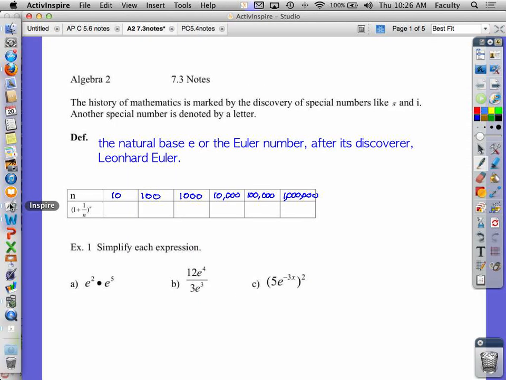Okay, well what we just discovered is this is actually the value for e. Do you know how, like with pi is 3.14, do you know where they came up with that number for pi? Do you know how it came about? Yeah, it has to do with the circumference and the diameter of a circle.